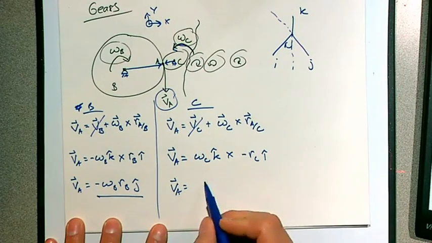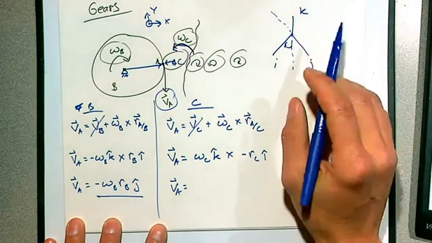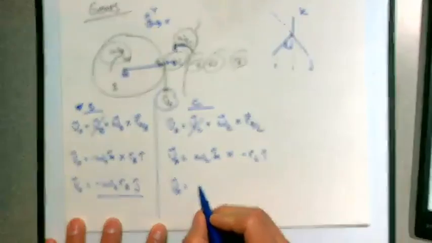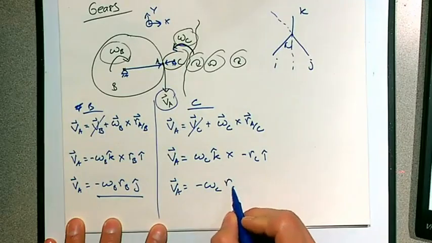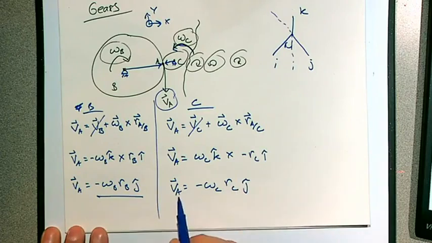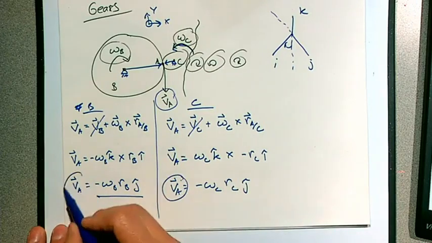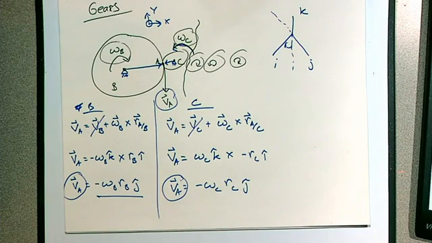This cross product, k cross minus i, again minus j. Minus omega c r c in the j. We've got a pair of expressions, both for the velocity at point A. Put those together.